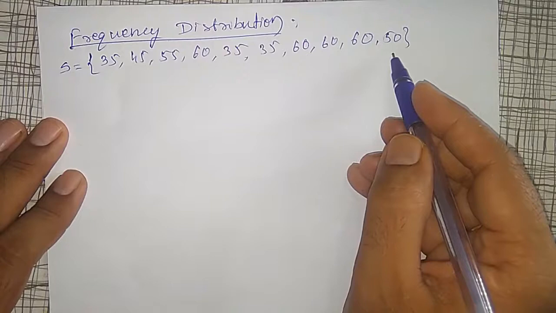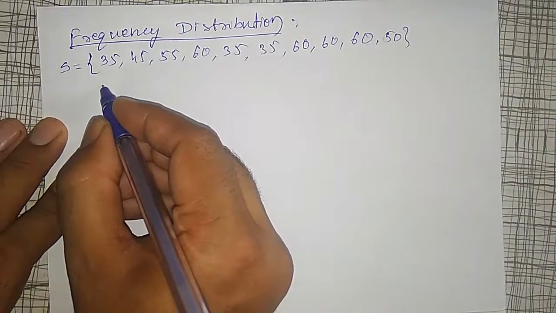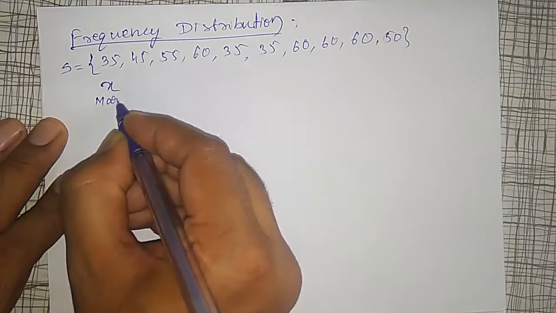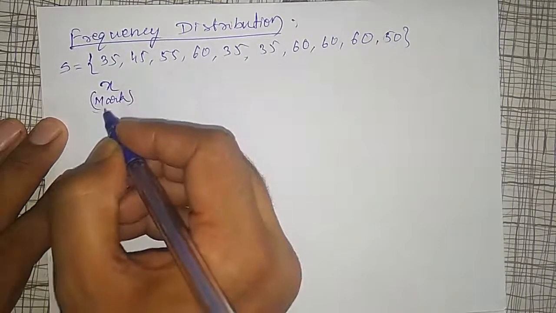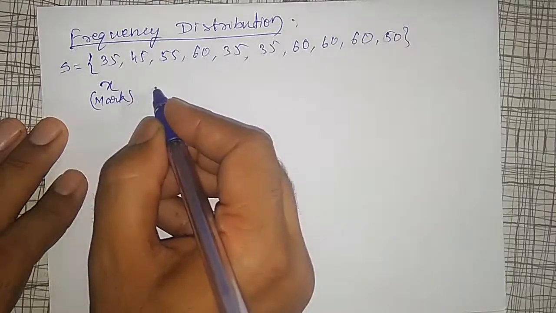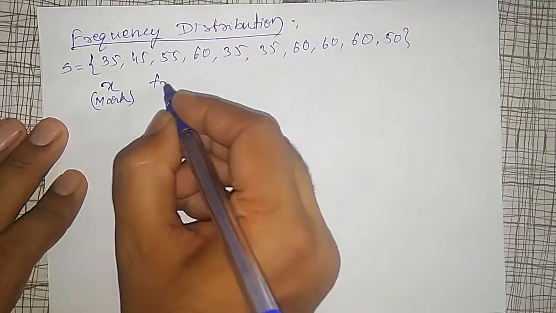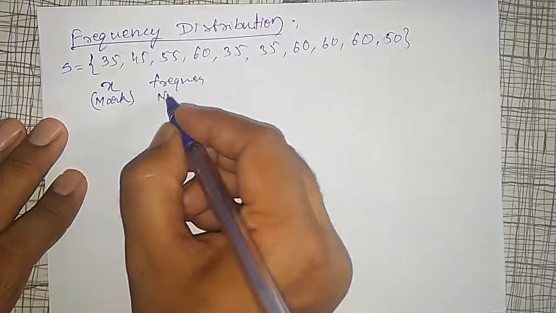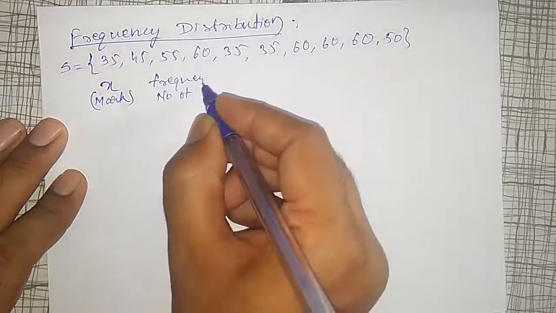Then how to fit a frequency distribution for them? Here I will define a variable x as the marks. This is your real variable, and the corresponding frequency is nothing but the number of students.